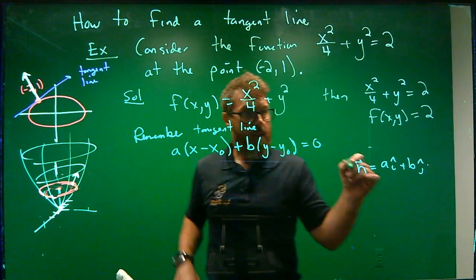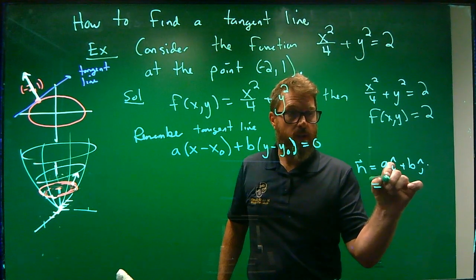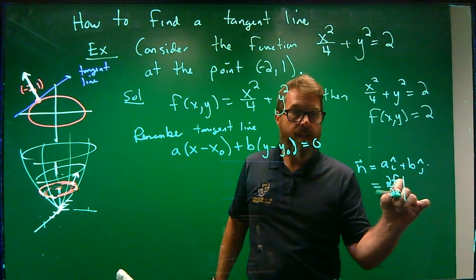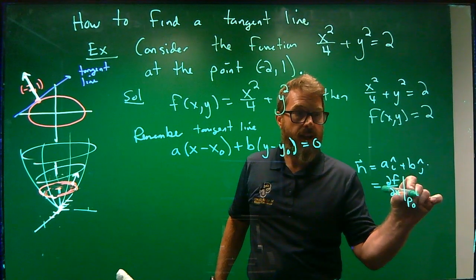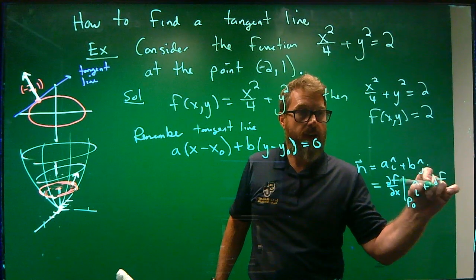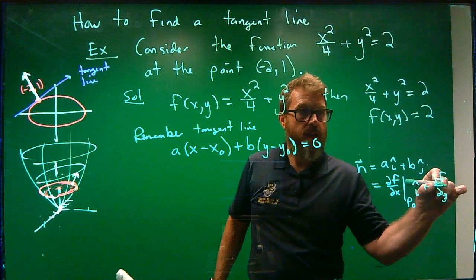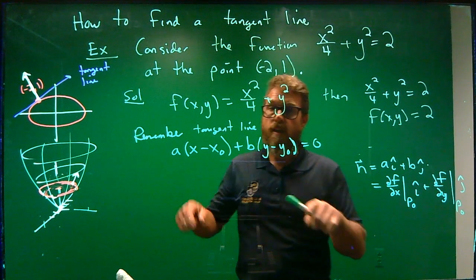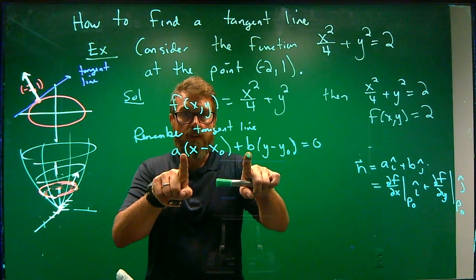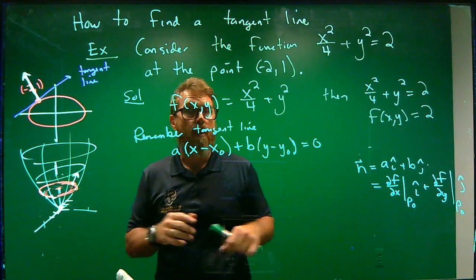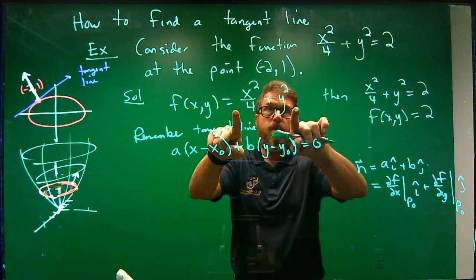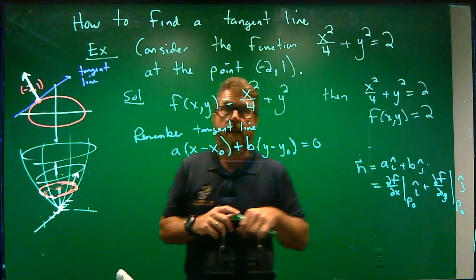So this normal is going to be df dx evaluated at that point p naught, i, plus df dy evaluated at that point, j. So really your a and b are nothing more than your partial derivatives of the left-hand part of that function.